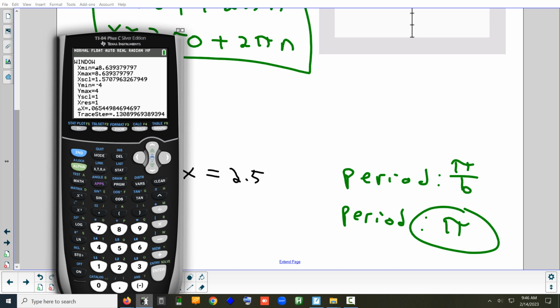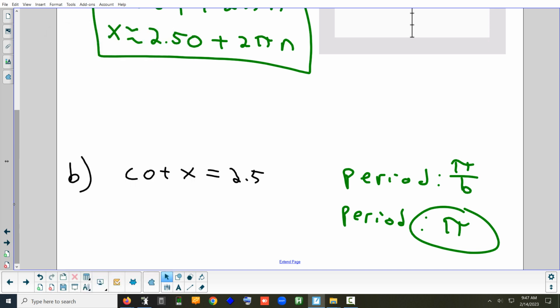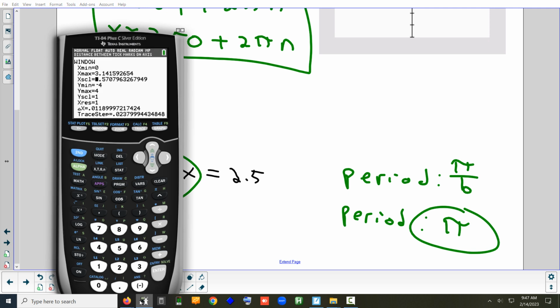Set the x min to 0 and then x max to pi. Yeah. And then y min to -1 and y max to 1, or would that not matter? Well, think about what we're graphing. We're graphing a cotangent function. Oh yeah, that's right. We're not graphing a sine or a cosine, which would fit in that window. Cotangent goes up and down forever, so I would leave it -4 to 4.